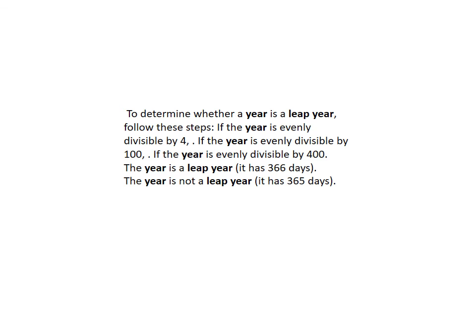Now you have to follow 2 rules. Years that end in 2 zeros are leap years if they are divisible by 400. For all other years, if the year is divisible by 4, it is a leap year.